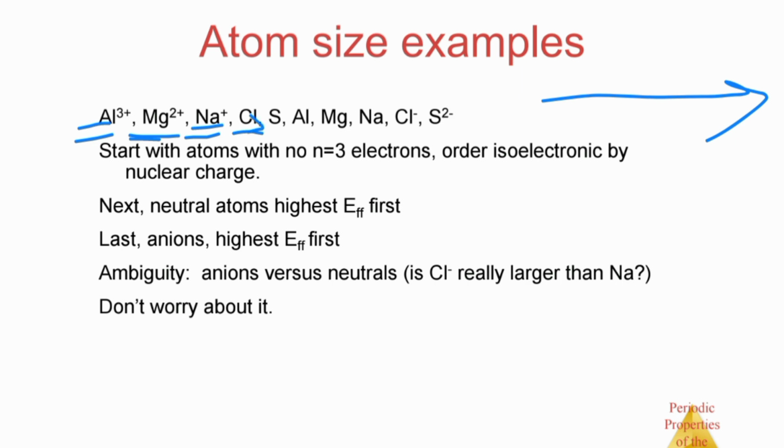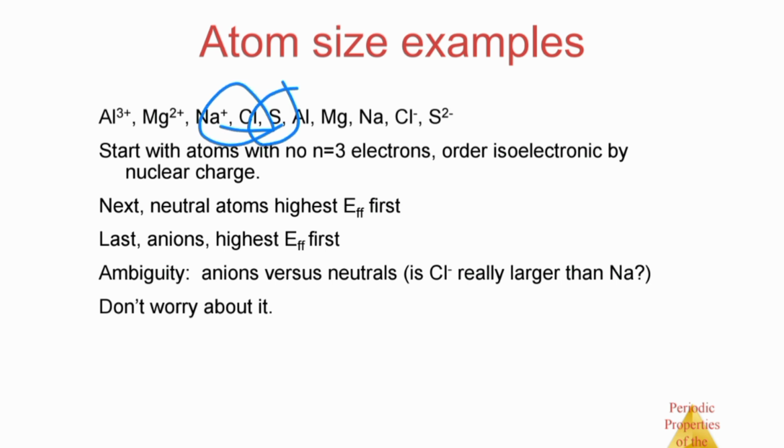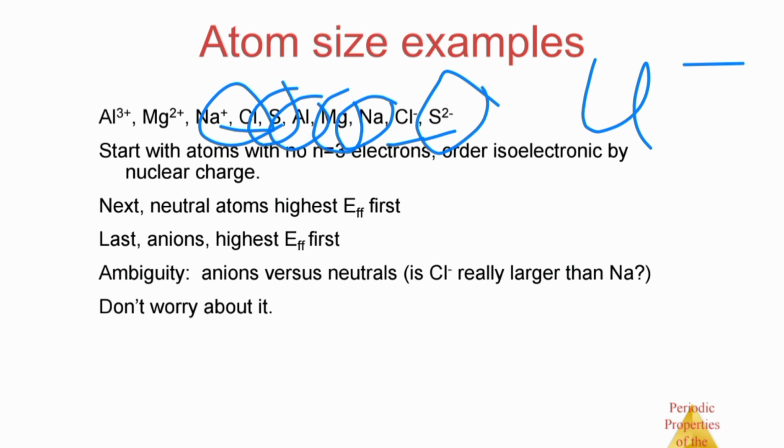So chlorine has a smaller size than sulfur, aluminium has a smaller size, magnesium has a smaller size than sodium, and sodium is smaller than Cl negative. Cl negative is an anion and has a larger size. And then S negative 2, because it gains 2 electrons, so its size will be larger than chlorine.